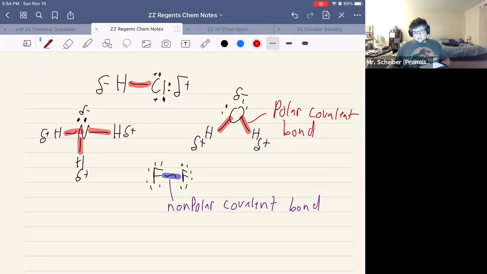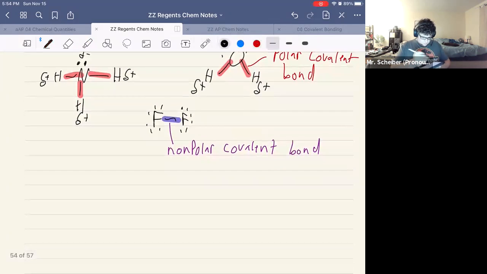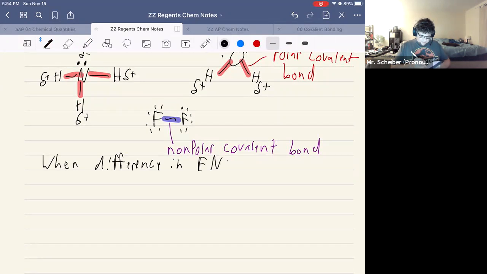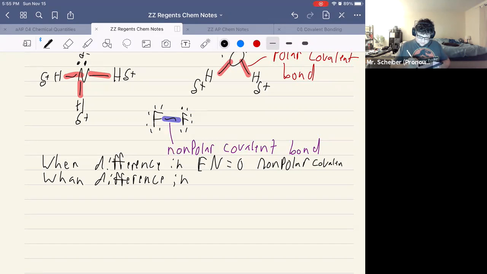It's really easy. When the difference in electronegativity equals 0, it is a nonpolar covalent bond.